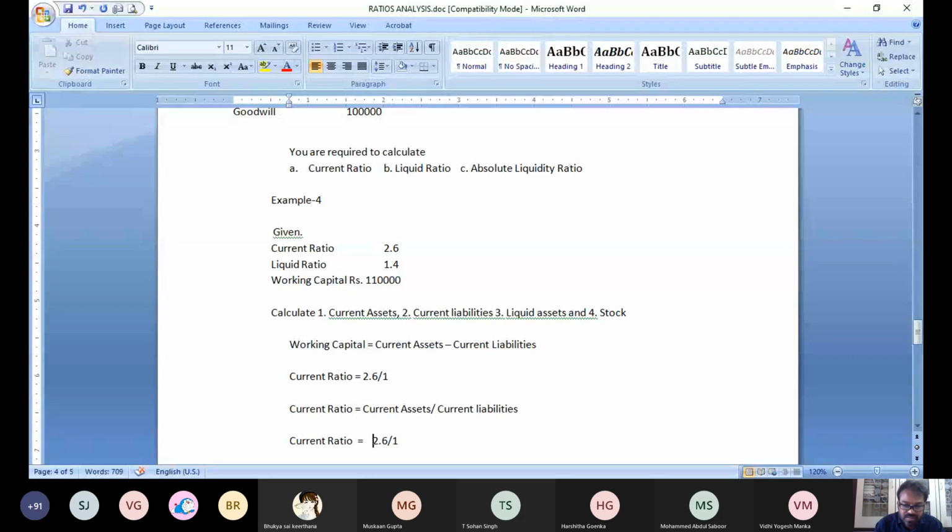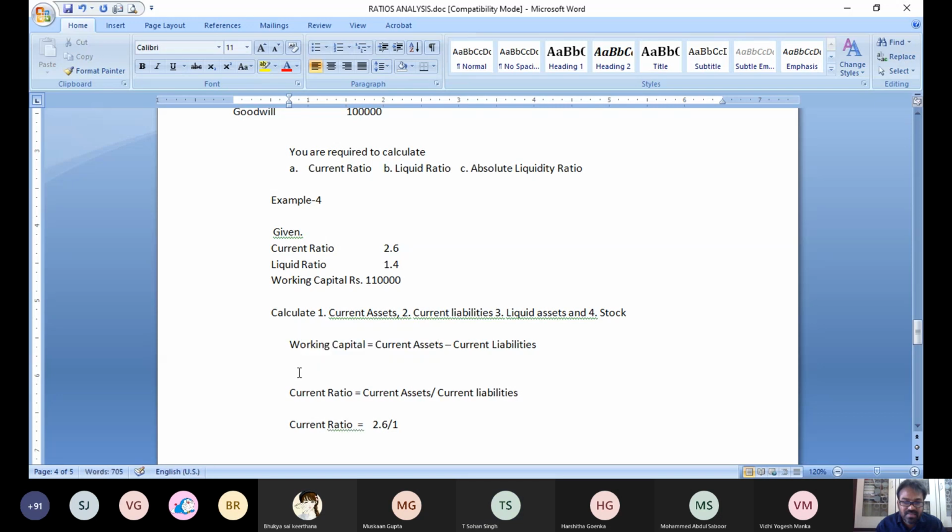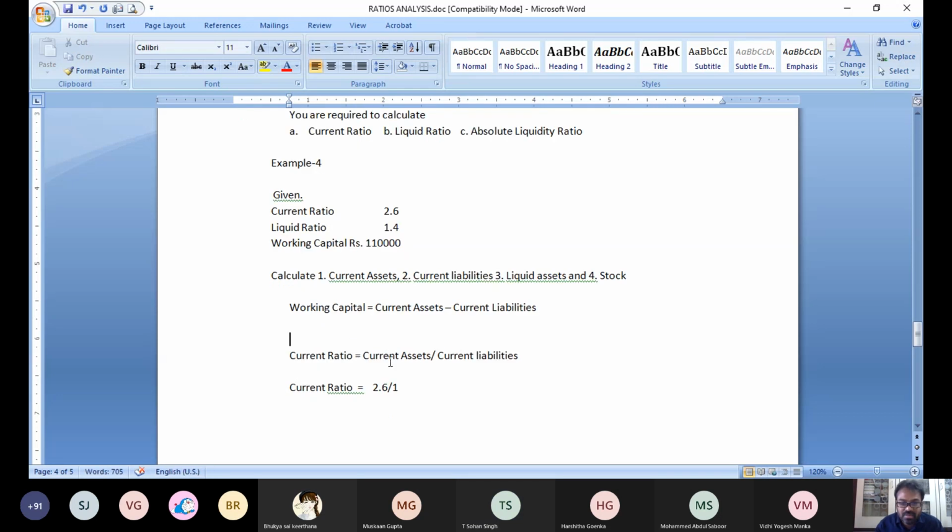Now the current ratio is equal to current assets divided by current liabilities, and it is given as 2.6 divided by 1.